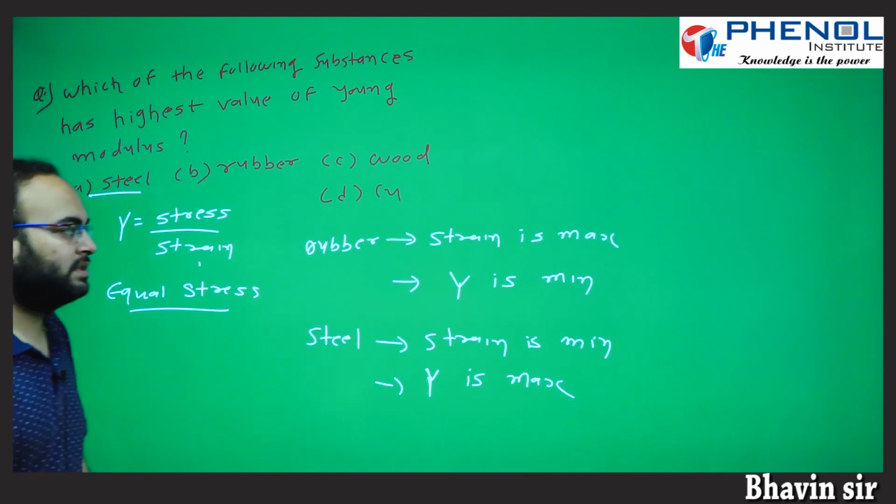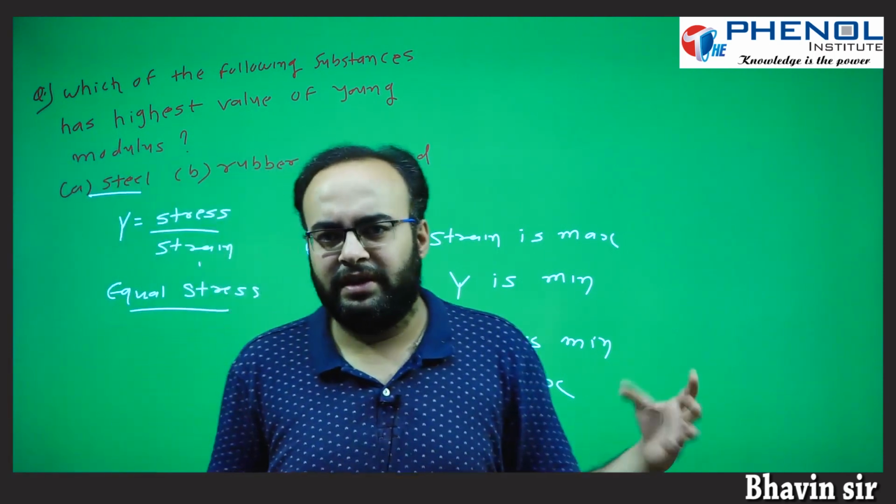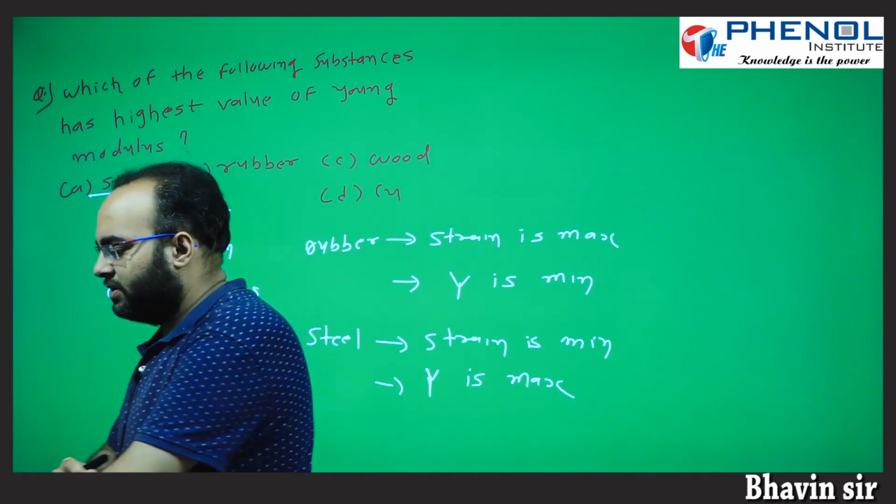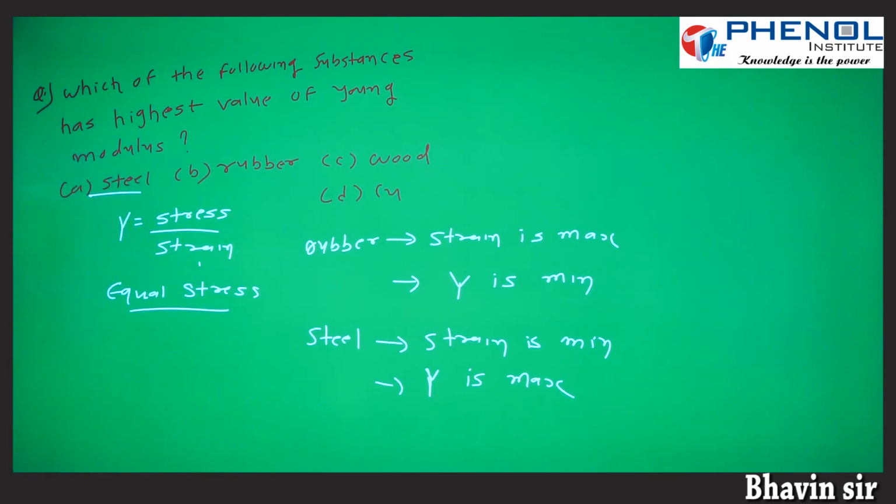Chalo. So steel has the highest Young modulus. Okay, so Young modulus of steel is maximum.